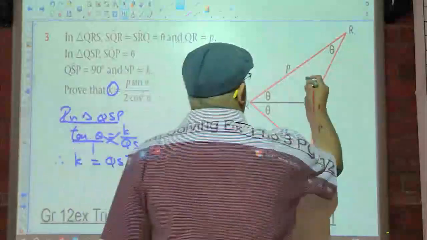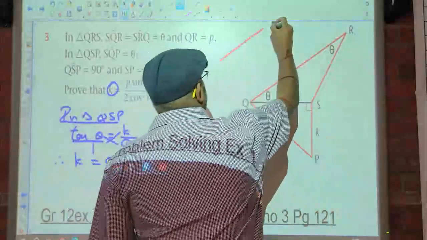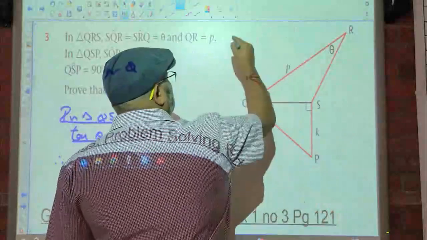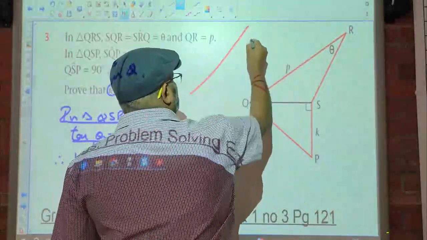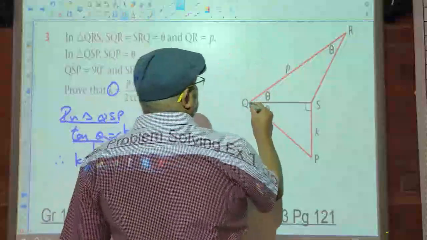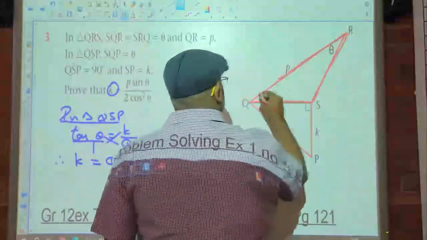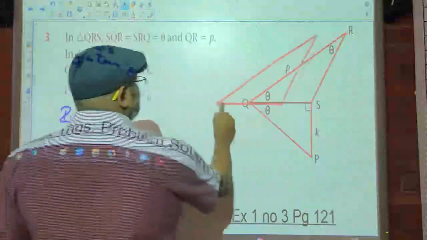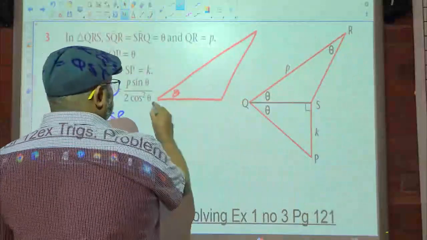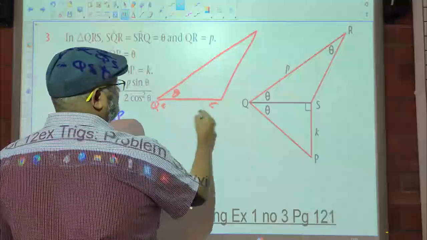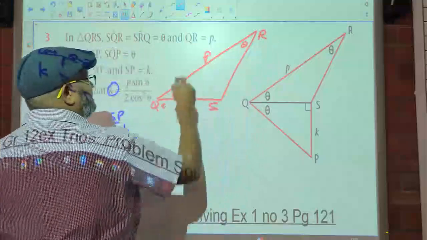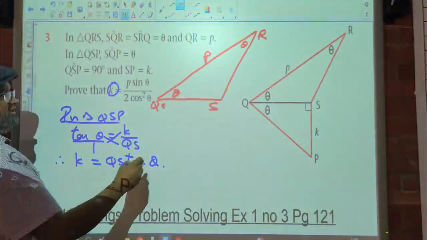So now we've got the triangle looking like this. Again, just make it a habit of redrawing, especially if you can't see. Here's your theta, QS, R, theta, P. So what do I say?